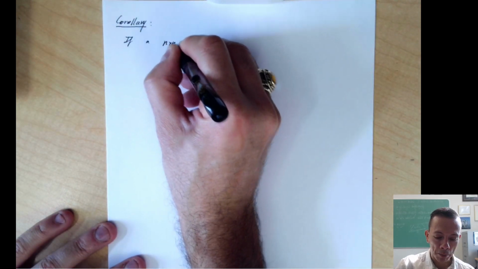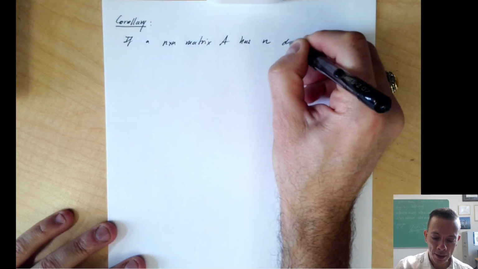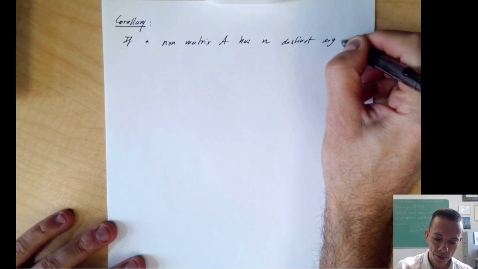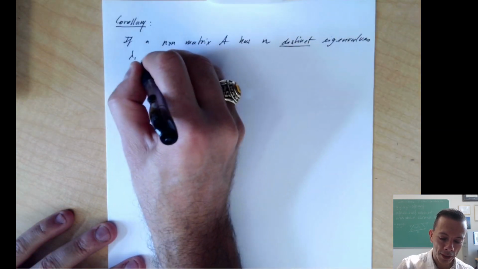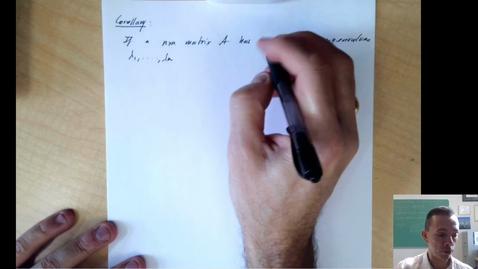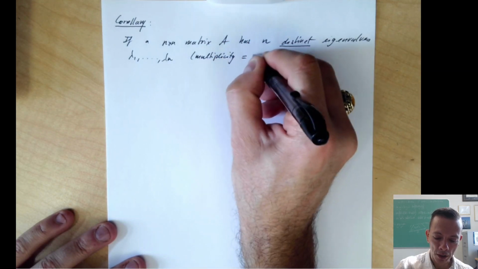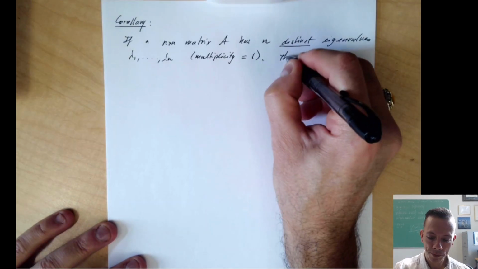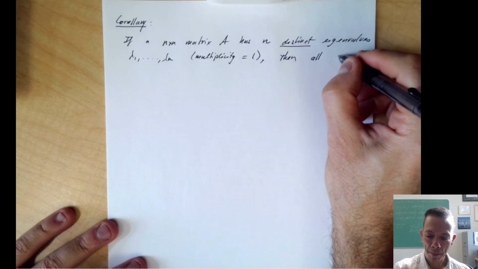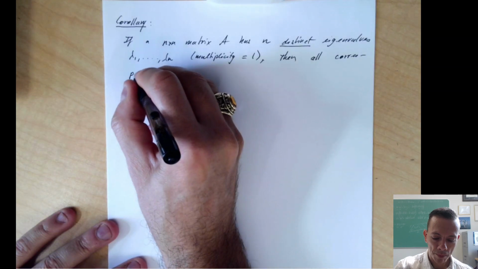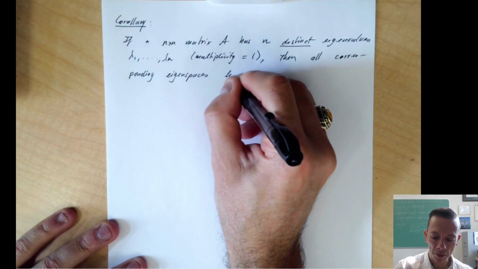So if an n by n matrix A has n distinct eigenvalues, so distinct meaning that lambda 1 to lambda n are all different, which means all of them have multiplicity 1, then all the corresponding eigenspaces have dimension 1.